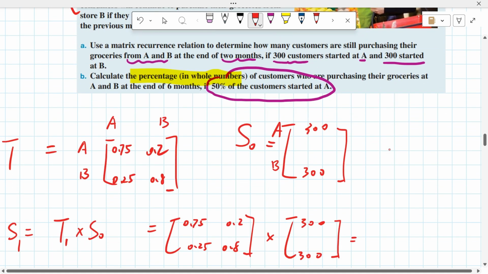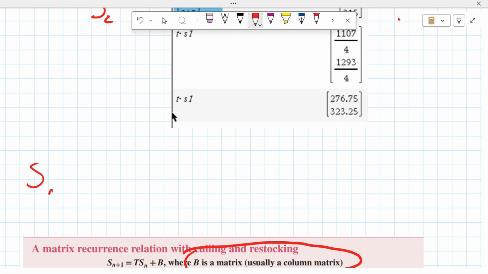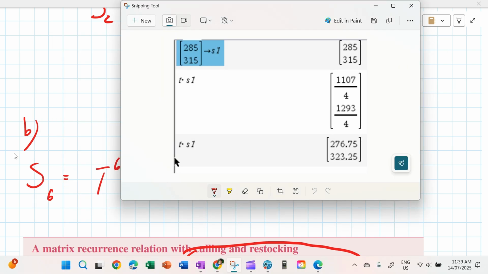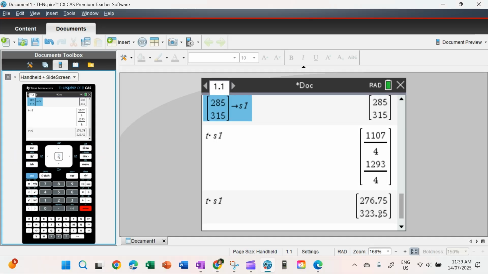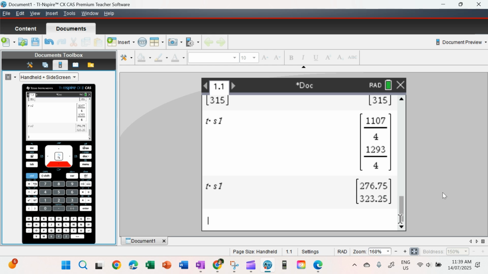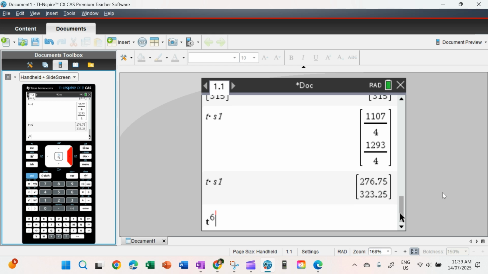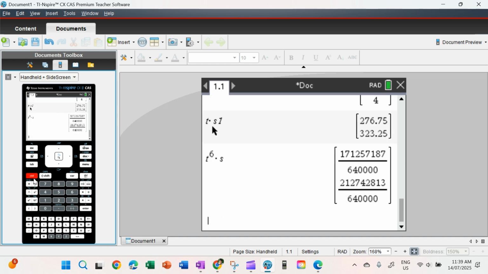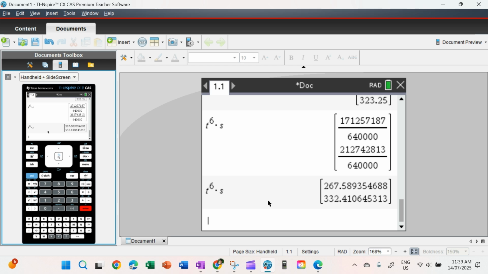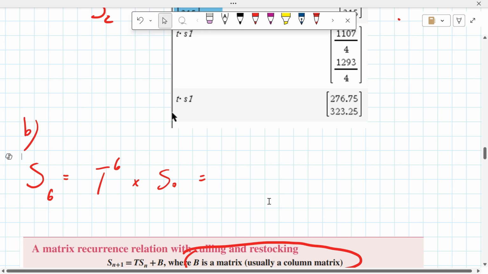Second part: we're going to calculate 6 months. So we use S6 equals T to the power 6 multiplied by S0. After 6 months, T to the power 6 multiplied by S, and press enter. You'll see 268 people are going to the first store and 332 are going to the second.